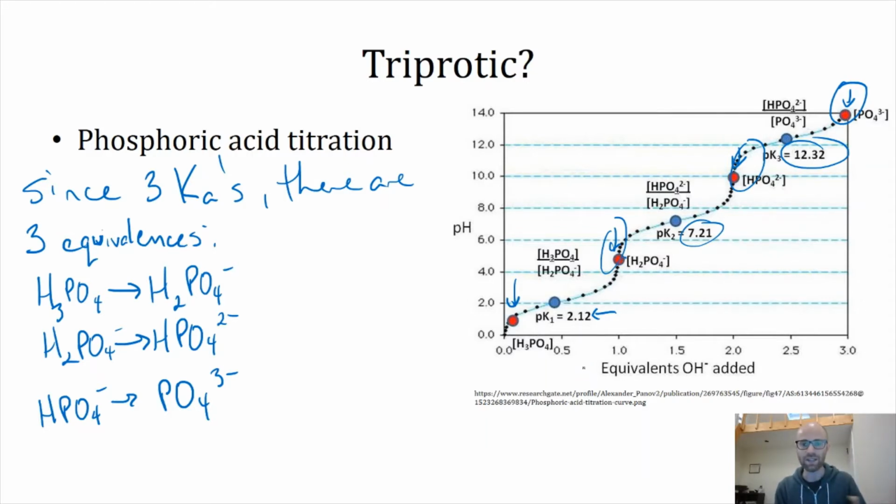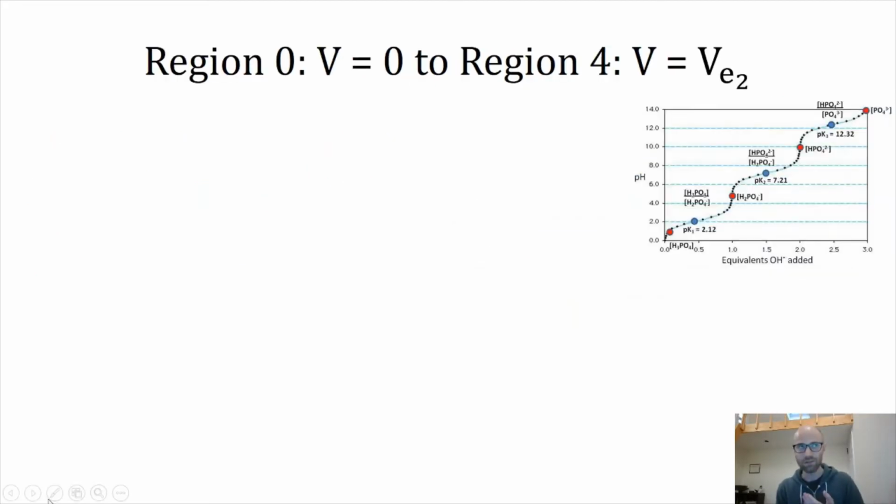So if this was 10 milliliters, then this would be another 10, and this would be another 10. This means that expanding the math out from a diprotic system should be relatively intuitive once you see it. So for the first 4 regions of our titration of hypothetical phosphoric acid, it's exactly the same as a diprotic system.